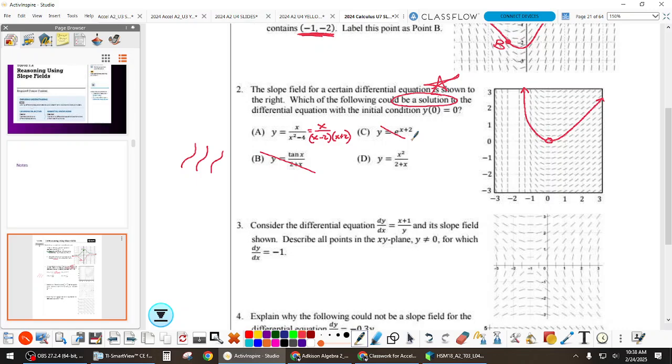Well, A would approach 0. What do you mean by it would approach 0? Like the graph would make sense.